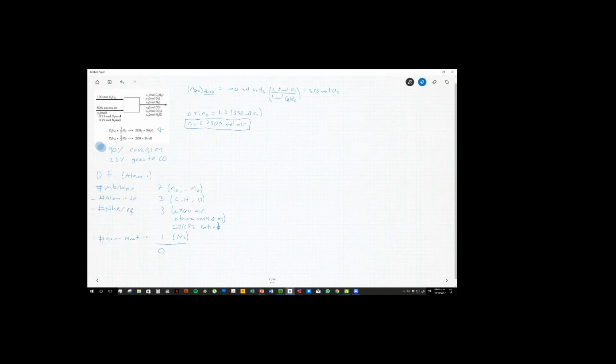Then we can do another thing, that is, using the conversion of ethane to know the amount that we have at the end, right? So to calculate N1, N1 is going to be equal to the amount that didn't react, right? If we have a 90% conversion, then 90% react, and the fraction that didn't react is 0.1 times the 100 moles that we have at the beginning, right?